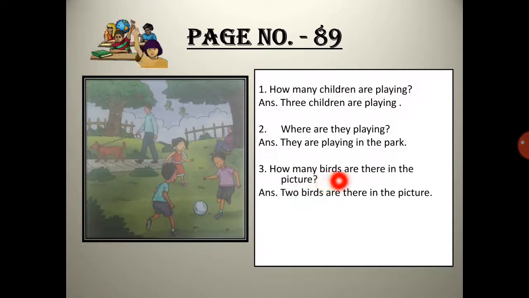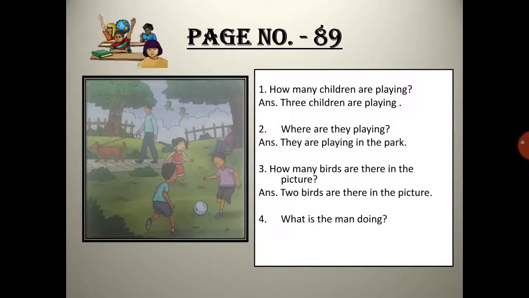The rest of the answer will be copied from the question itself. Understood, children? Only instead of how many you have to write 2. So you can see you have given the answer in one word. Understood?